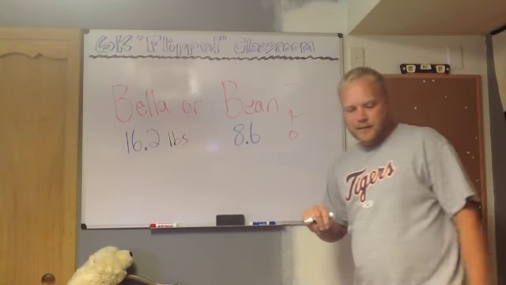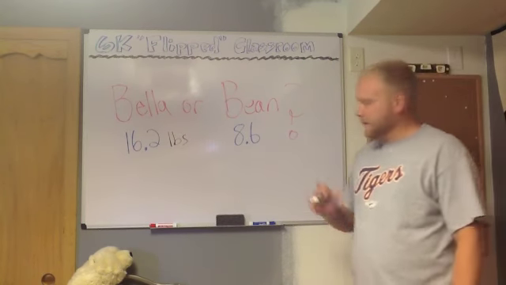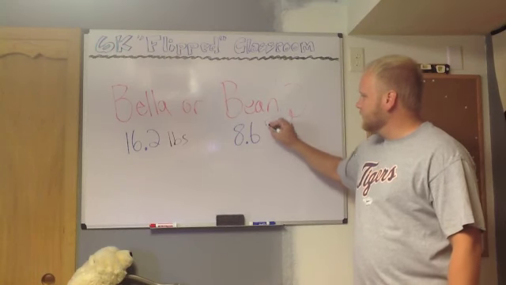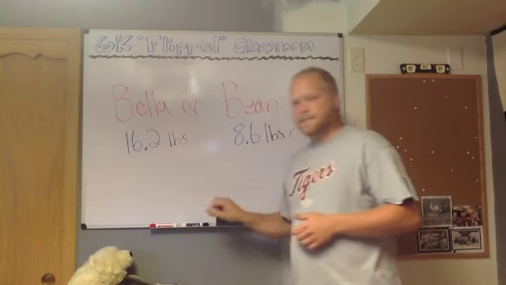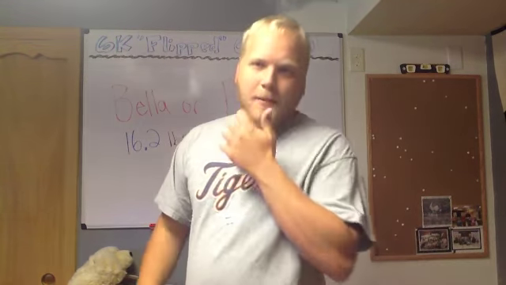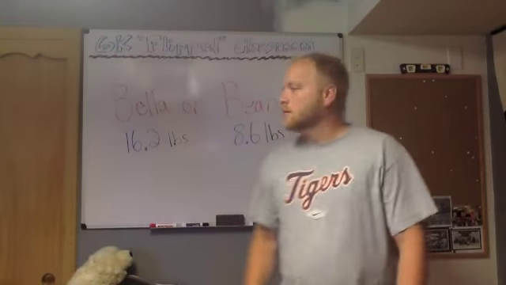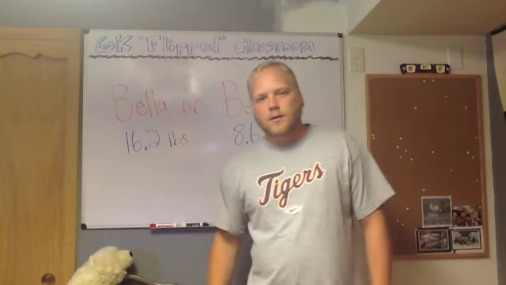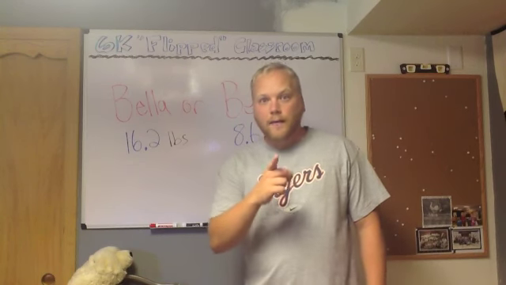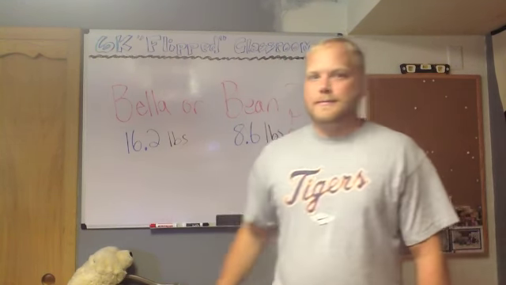And Bean is a little squirrely thing, and she weighs 8.6 pounds. So the question is, when the zombie apocalypse comes, if I need to choose between eating Bella or eating Bean, which one do I eat? That's the essential question for today.